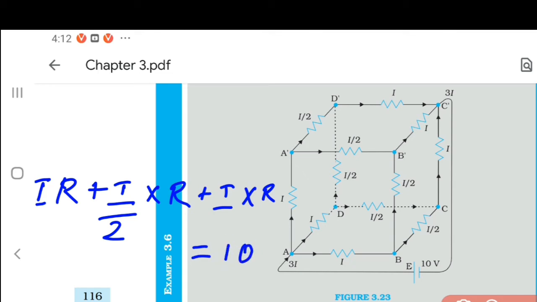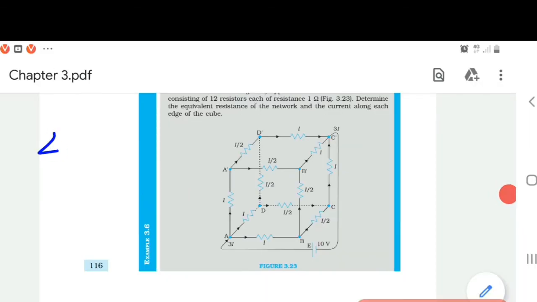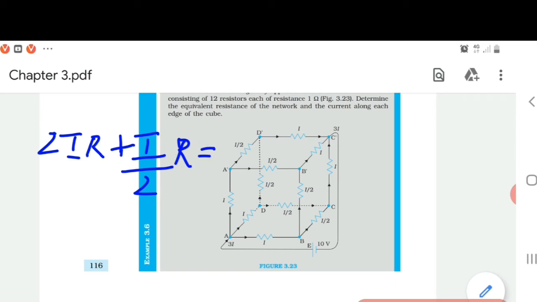So this is the equation which we have. IR plus IR, that is 2IR. So the equation becomes 2IR plus I by 2 R, is equal to epsilon, that is 10 volt.